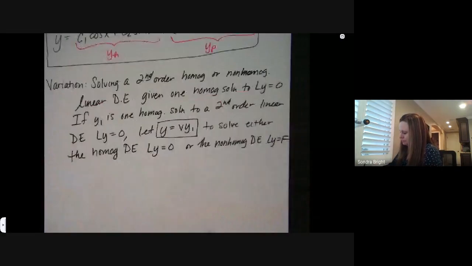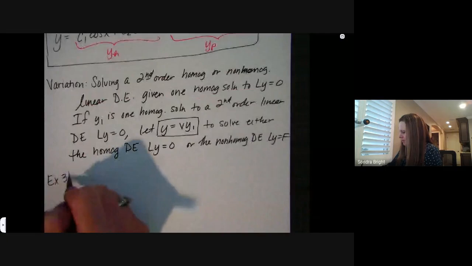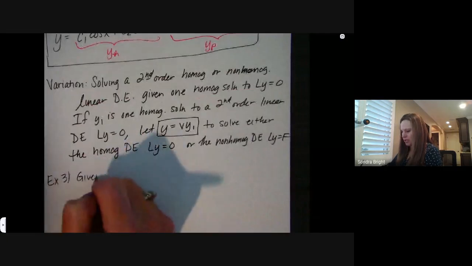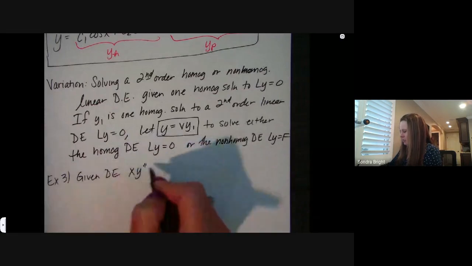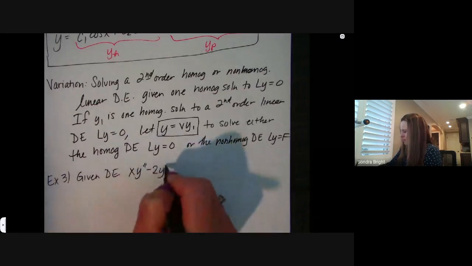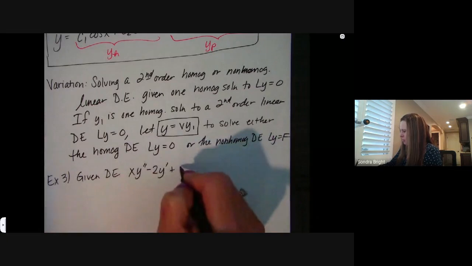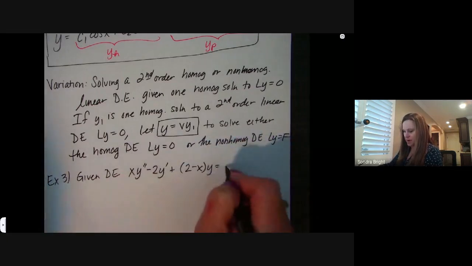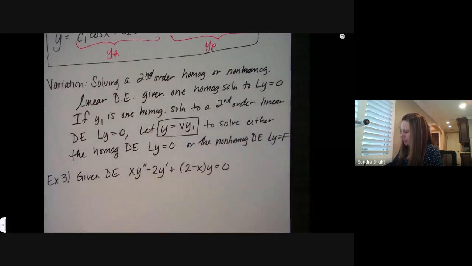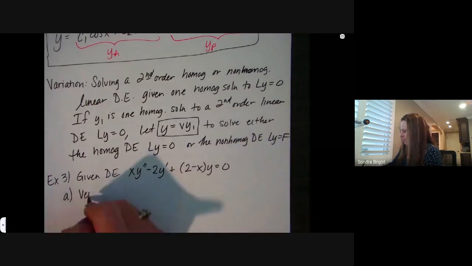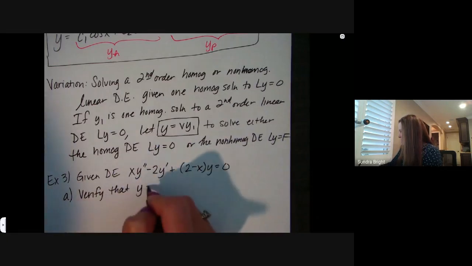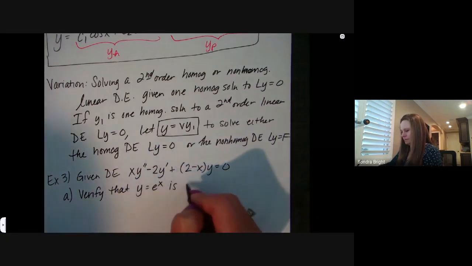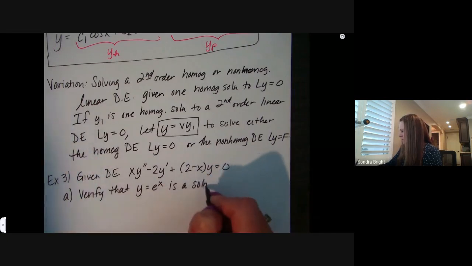All right, so let's do an example doing this. Given the differential equation x y double prime minus 2y prime plus the quantity 2 minus x times y equals 0, the first thing we're going to do is verify that y equals e to the x is a solution to this homogeneous differential equation.